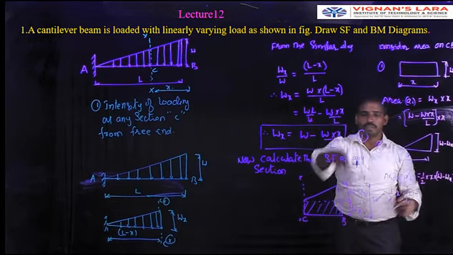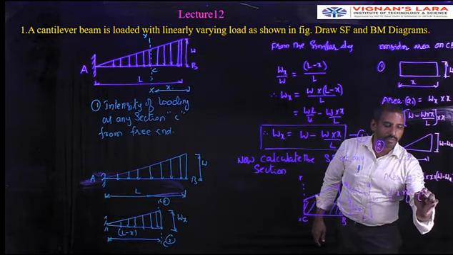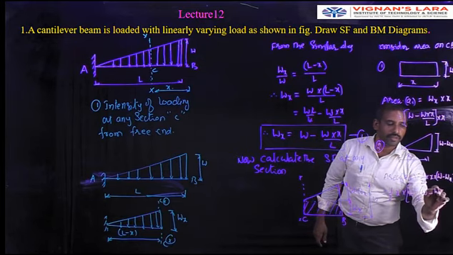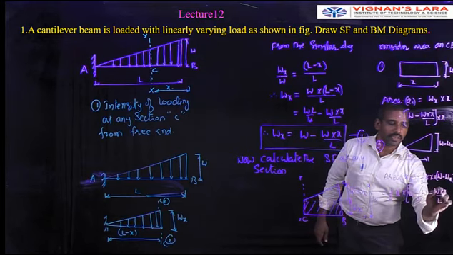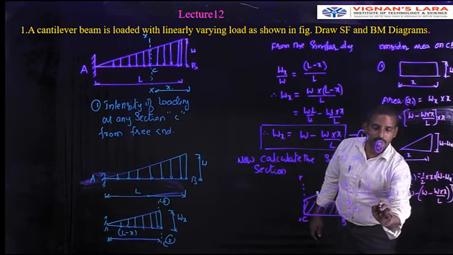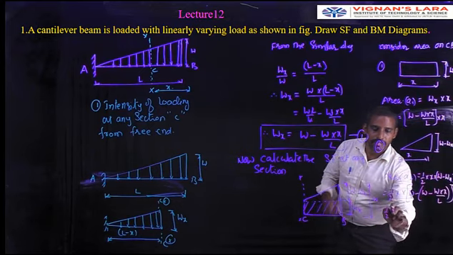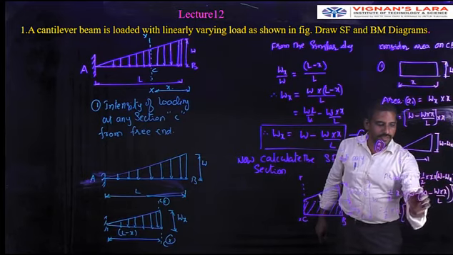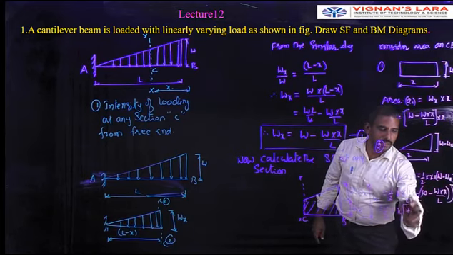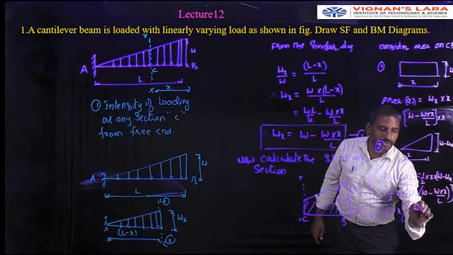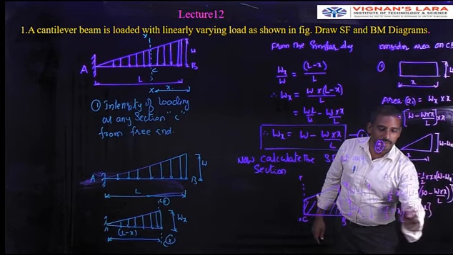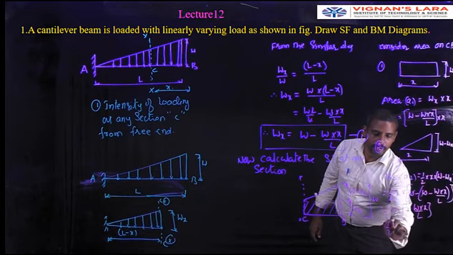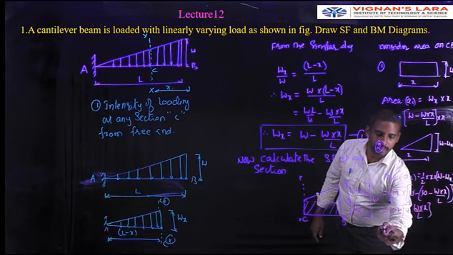Wx is known: it is equal to W minus W into x divided by L. So simply half into x into, definitely it is cancelled, so that becomes plus W into x by L. So that is equal to W x square by L.